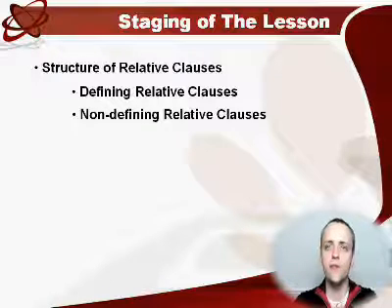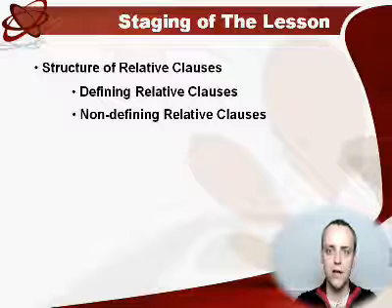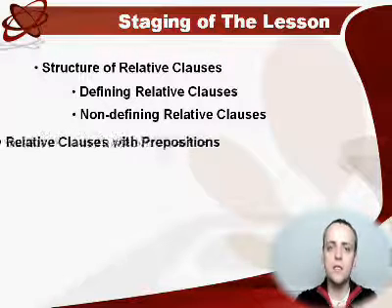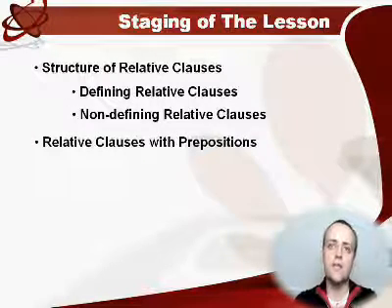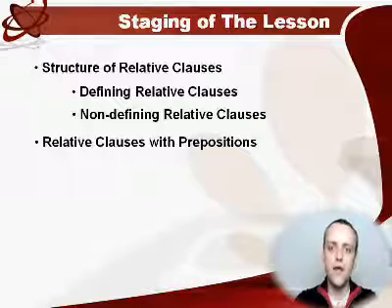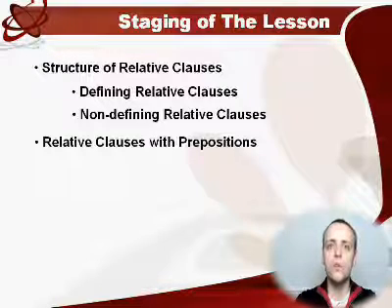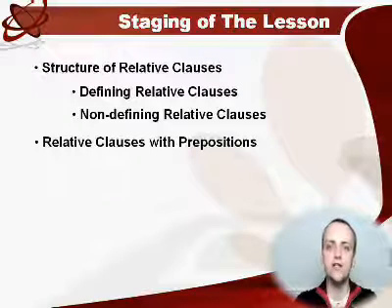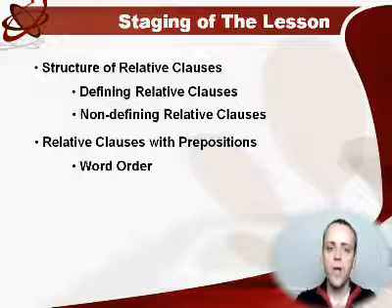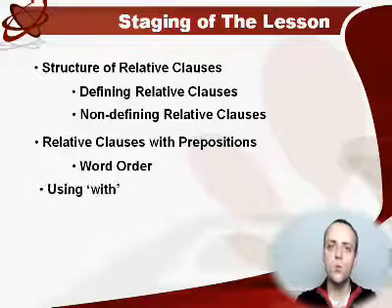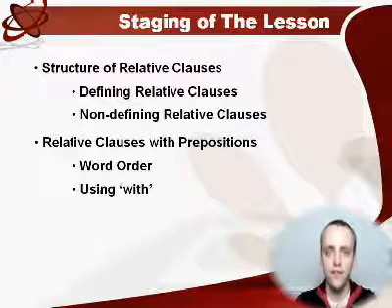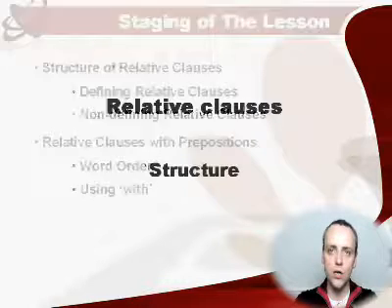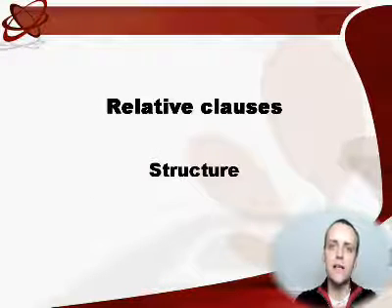And for this type of idea, we have non-defining relative clauses. Then we're going to see how we use relative clauses with prepositions, thinking about the word order, and also using this key preposition, the word with. So, let's take a look at some examples.